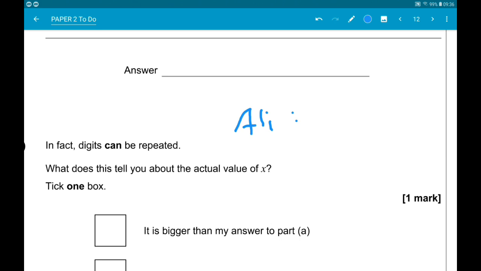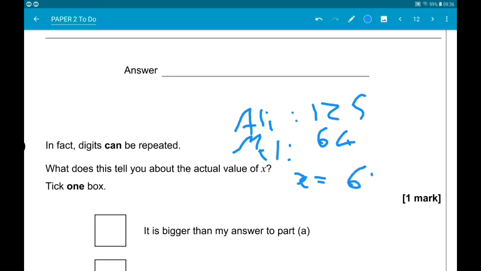So she would have 125 possibilities. Mel has 4 for the first, 4 for the second, 4 for the third, so that would give her 64. So X would be 125 minus 64, which is 61. So X would be bigger than our value in part A.